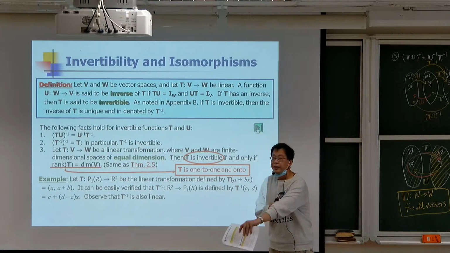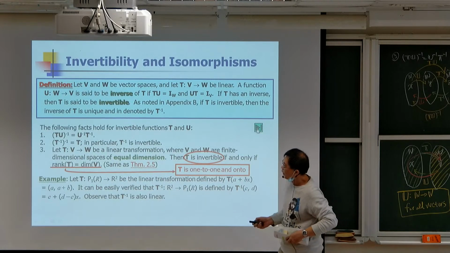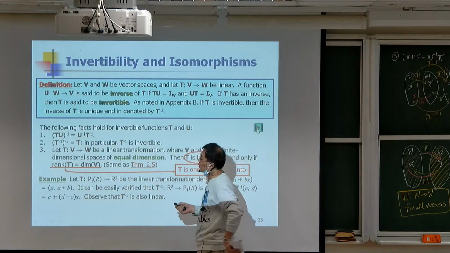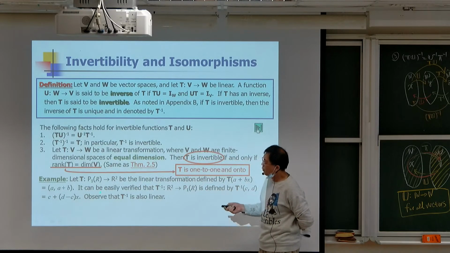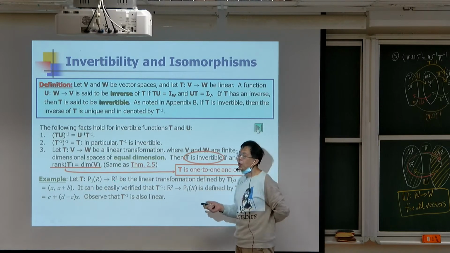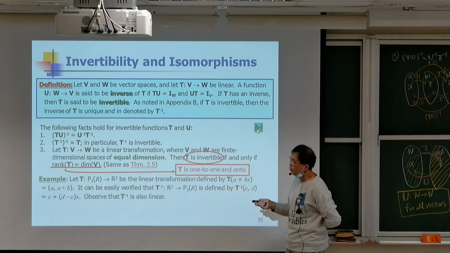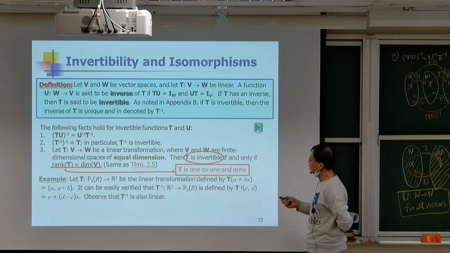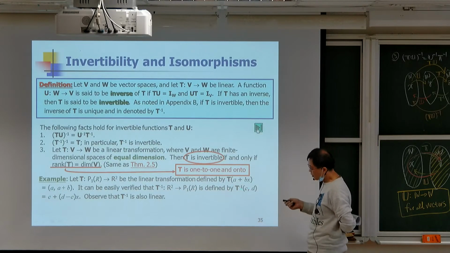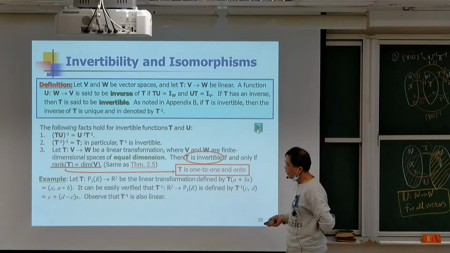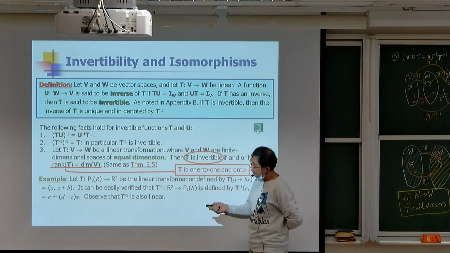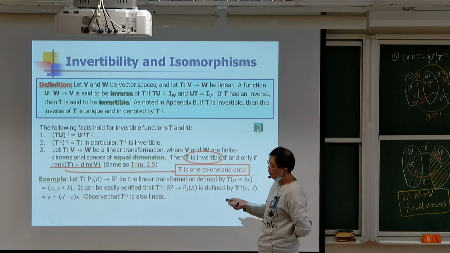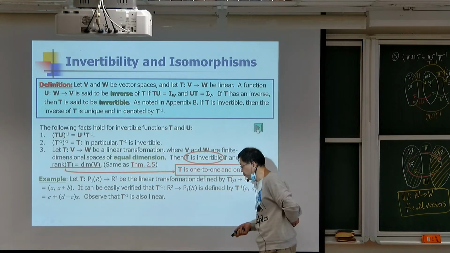And the next one is an example. If we transform a degree 1 polynomial to two-tuple real column vectors, then we define the transformation by T(a plus bx) equals (a, a plus b). There are two elements in this vector.